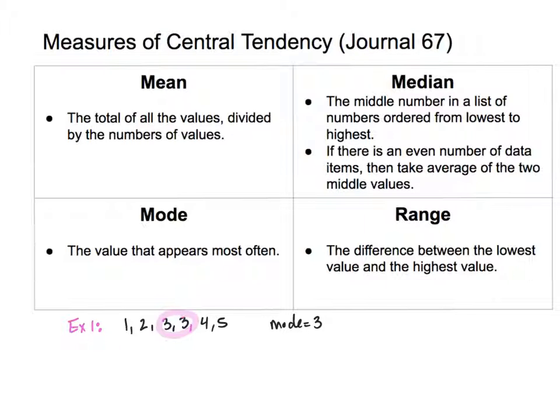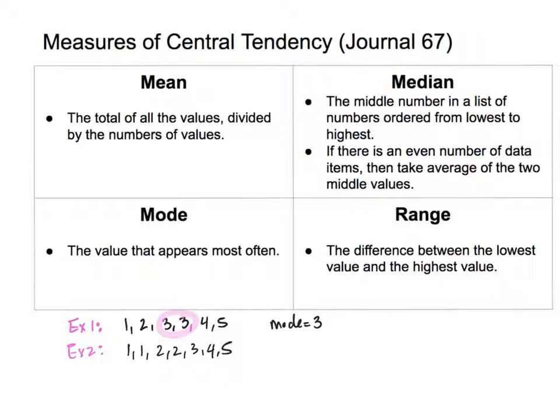Now, if I had a different example, let's say example 2, I have 1, 2, 3, 2, 3, 4, 5. So this time around, notice how I have 2 modes, right? 2 showed up twice and also 3 showed up twice as well. But the other numbers only showed up once.